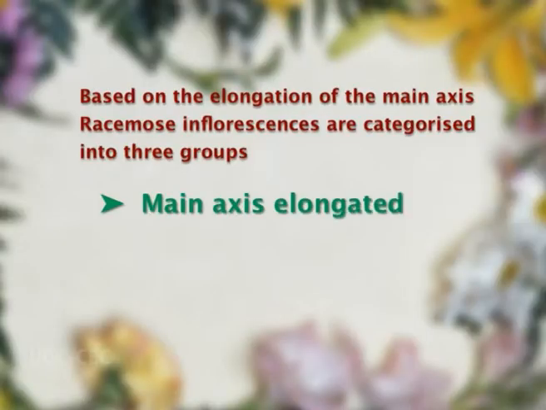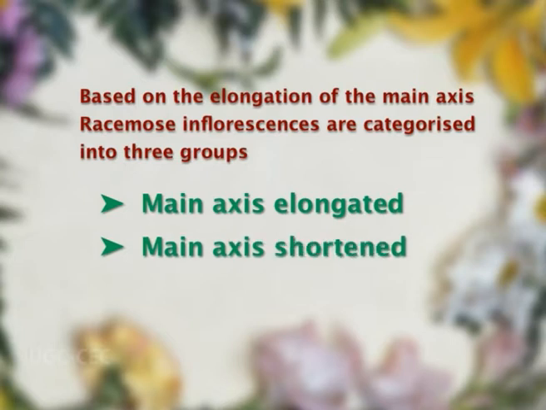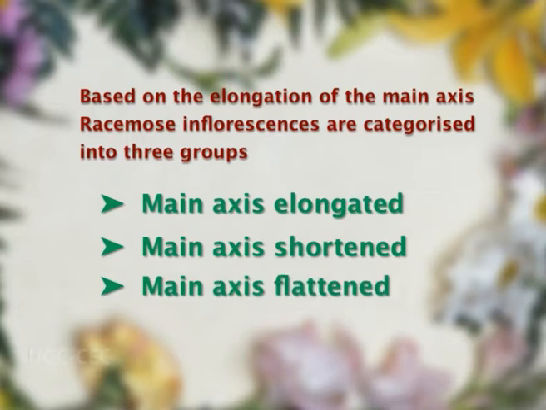Based on the elongation of the main axis or peduncle, the racemose inflorescences are categorized into three groups. One in which the main axis is elongated, second in which the main axis is shortened, and third in which the main axis is flattened.